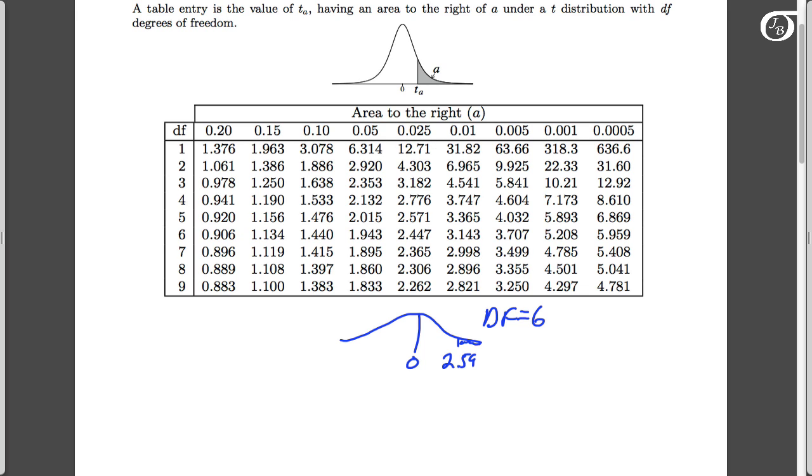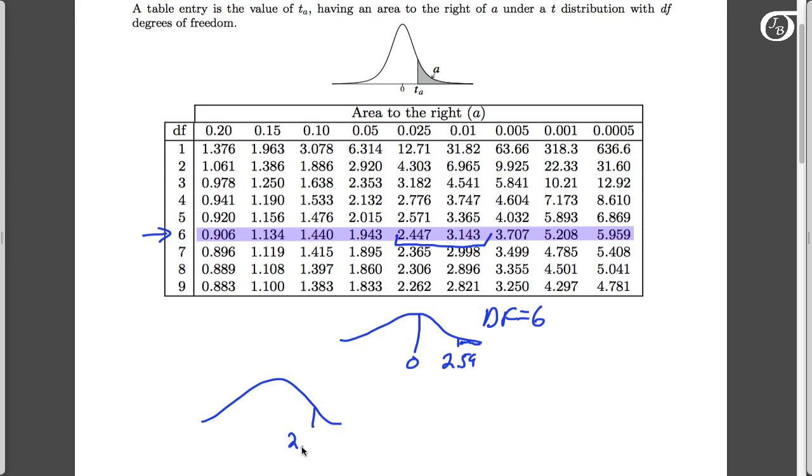And if we focus in here on 6 degrees of freedom, and we look along this line, we're not going to be able to come up with 2.59 exactly, but we are going to be able to find that 2.59 falls in between these two values. And the table tells me that the area to the right of 2.447 is 0.025. So I could draw that out.